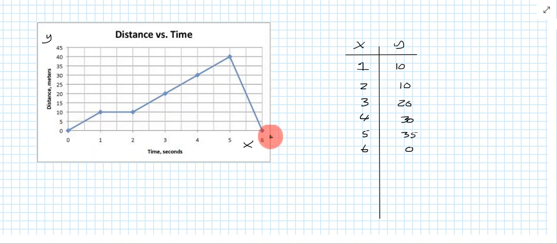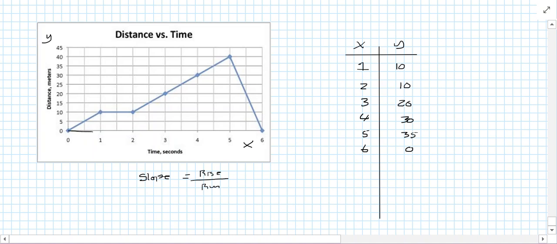So what we need to do is look at, if we remember, the slope is equal to the rise divided by the run. So we need to identify what the rise and run is. So from here to here, this is what's known as the run.